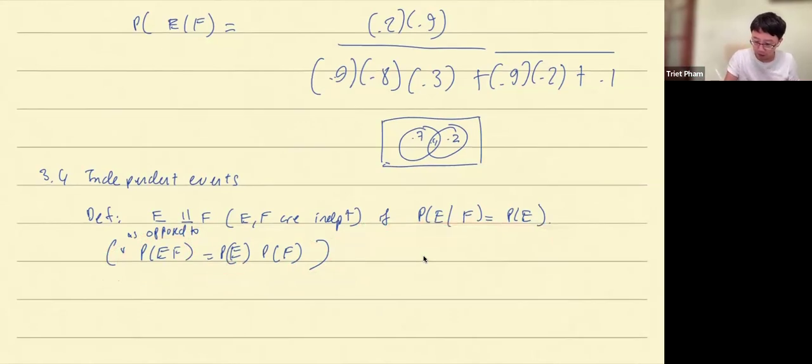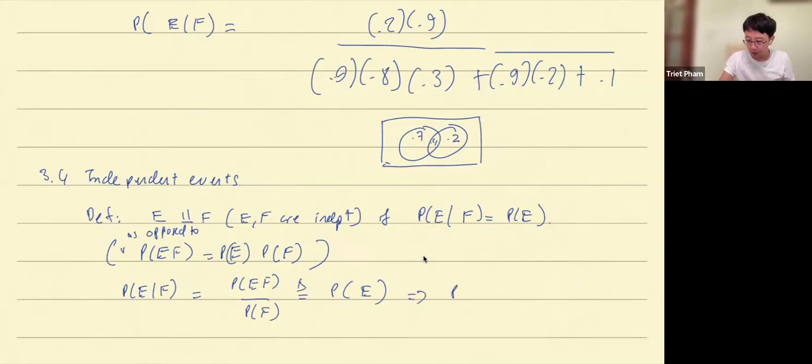So P of E given F, by definition, is P of EF over P of F. And if it's required to be P of E, then of course this implies that P of EF equals P of E times P of F, you just multiply back. Is that okay?